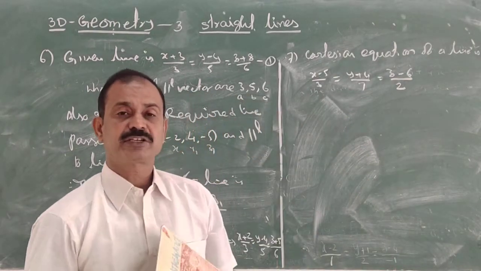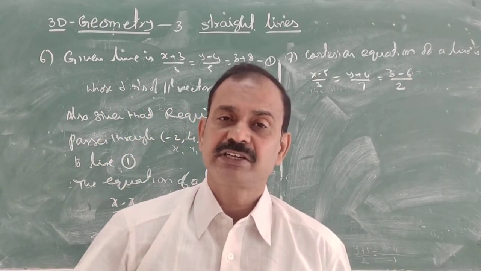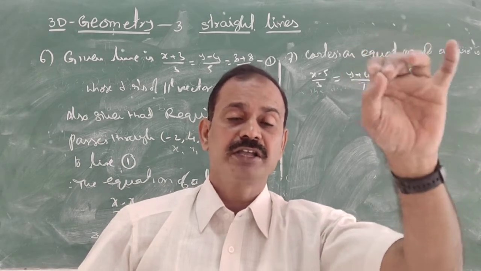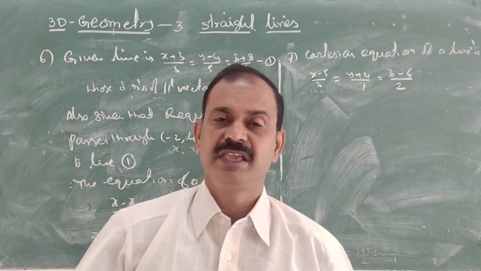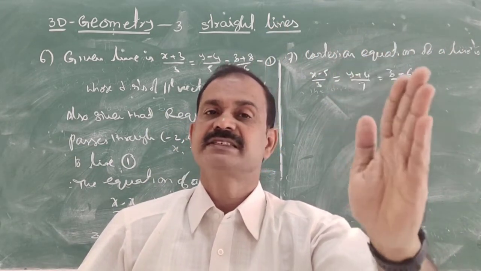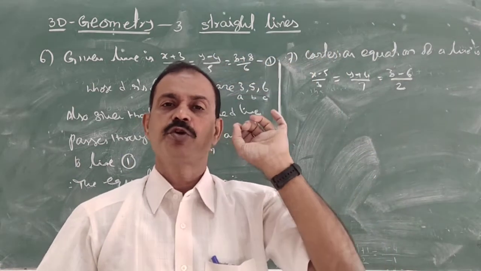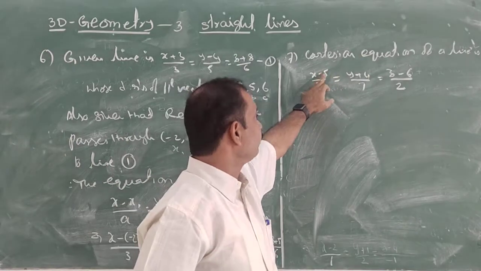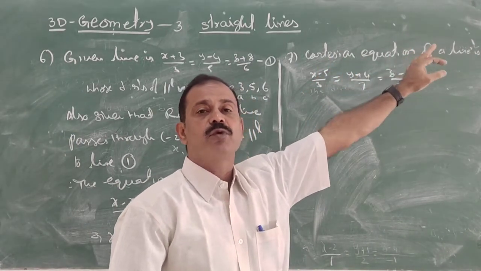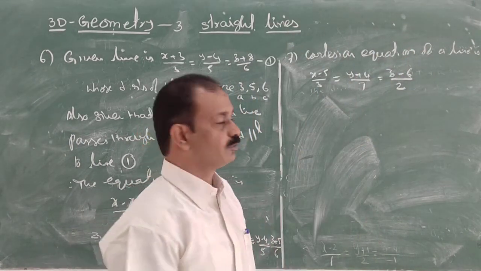Write it in vector form. What is the vector form? r is equal to a plus lambda b. That means r is nothing but xi plus yj plus zk. The only thing you have to do is find what is the value of x, what is the value of y, what is the value of z. That's all.